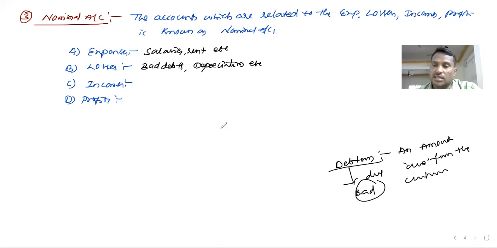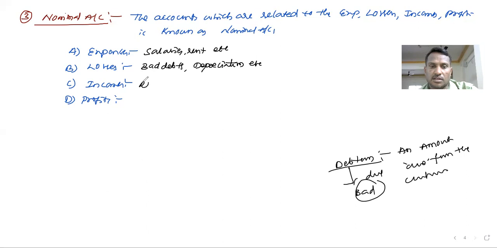Depreciation means when fixed assets are used regularly, the fixed assets may lose their quality, quantity, and value. This is called depreciation. We will discuss the proper meaning of depreciation in further classes. So bad debts and depreciation are both considered losses from the business point of view.